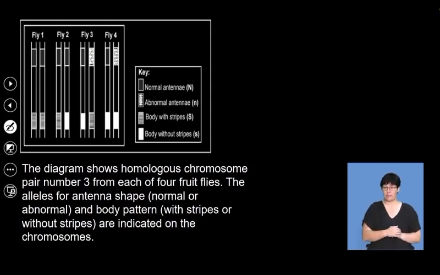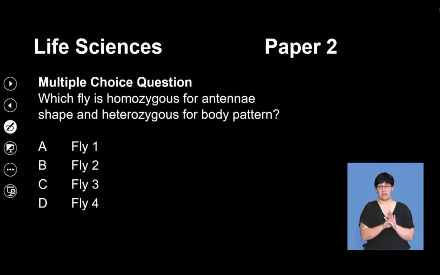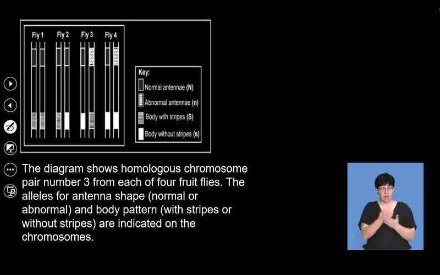So here you had to identify the homozygous antennae as well as the shape for the heterozygous body parts. And if you applied your understanding, guys, to that, homozygous antennae would be having similar, so normal homozygous antennae, and then it had a heterozygous combination for body stripes, with and without stripes, so this would be the heterozygous combination for body stripes.